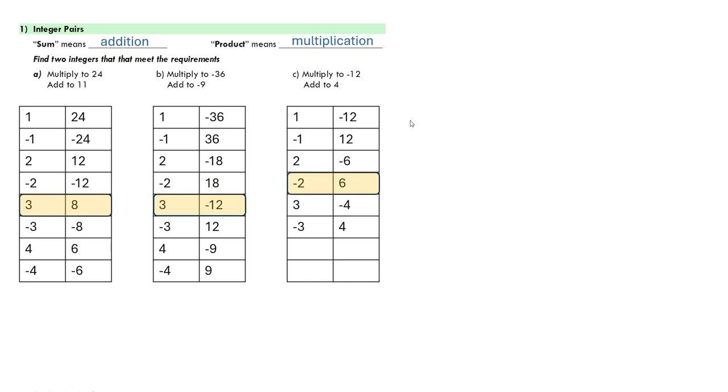Well, in this case, -2 and 6 match that criteria. -2 times 6 is -12. -2 plus 6 gives us 4. So it matches both of those criteria.